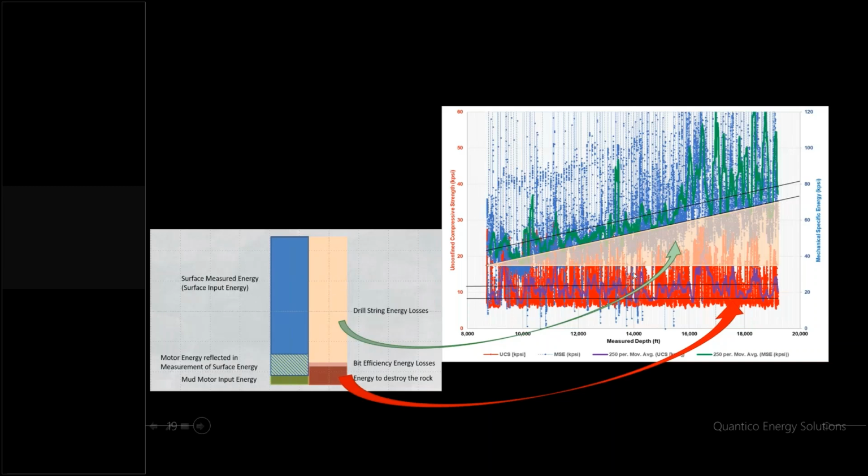Now you can plot these things. On this graph to the right, there's compressive strength in this red and purple color, and then there's mechanical specific energy in this blue and green color. And you would naturally, as you drill, expect MSE to increase because there's a natural increase in torque and drag from more and more drill string.